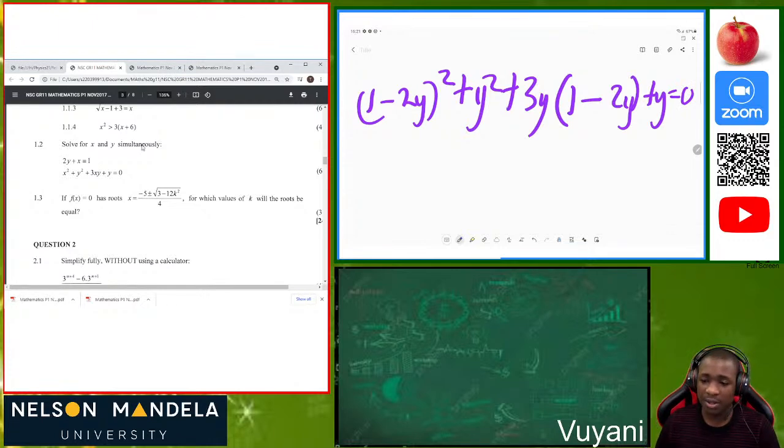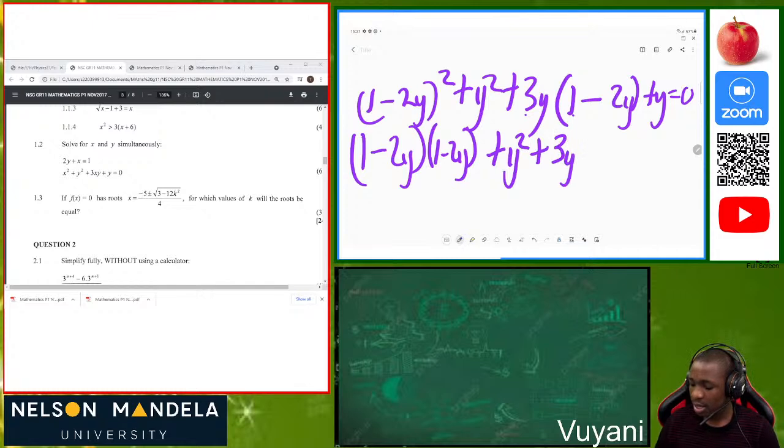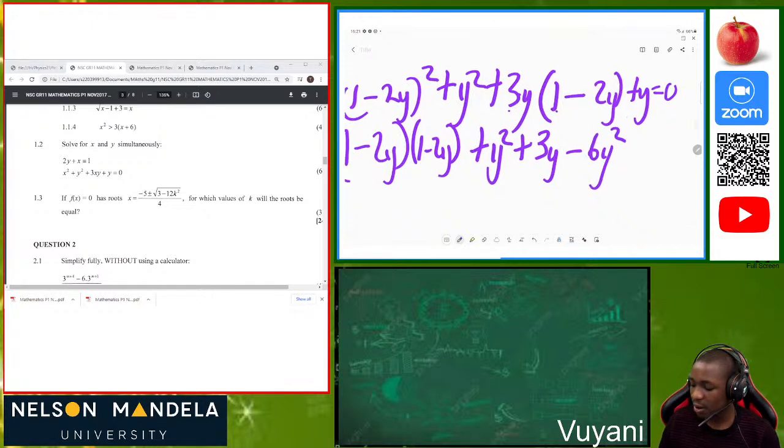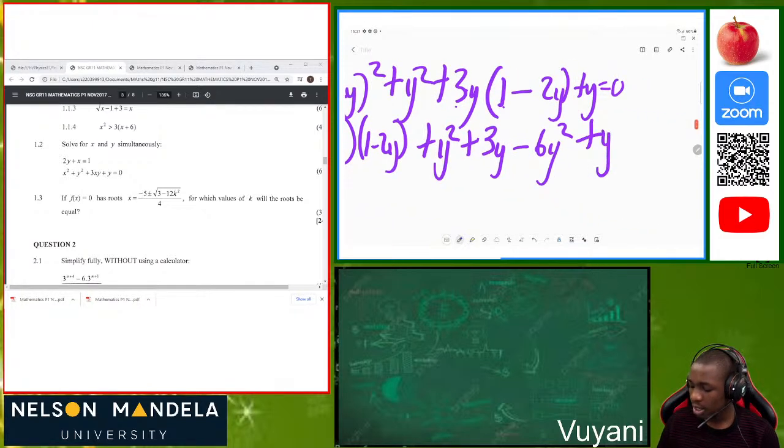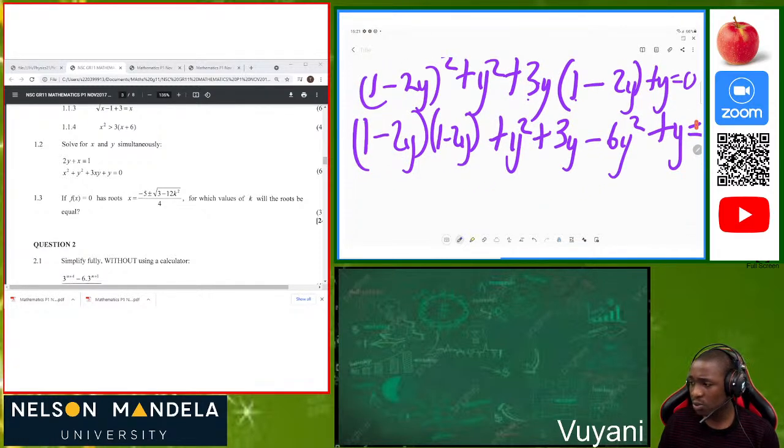Then now let's solve this. We know how to solve it. Now 1 minus 2y all squared is always the same as 1 minus 2y times 1 minus 2y. You are expanding the bracket. Then plus y squared plus 3y times 1, it's positive 3y. 3y times negative 2y is going to be negative 6y squared. We are just expanding our brackets. Plus y equal to 0. Now we have to expand this one.